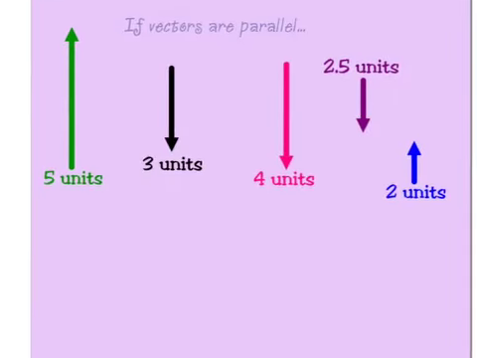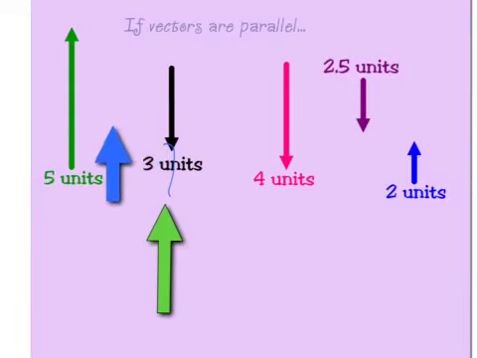Well, let's say I have 2 vectors, the green and the blue vector again, for example. If I were to draw these 2 vectors tip to tail, that would mean one of those vectors would look like this, and then the other vector would look something like this.